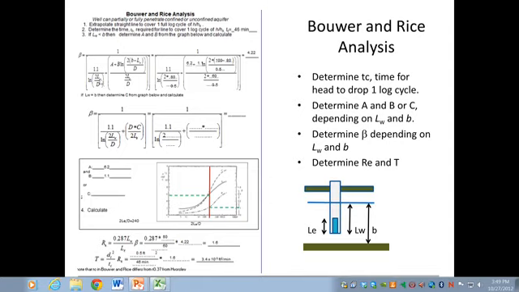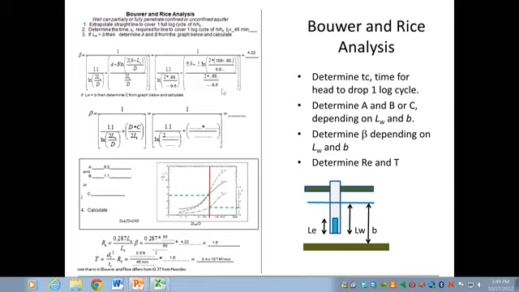You just need to plug in these values here, and this is the formula for beta, where there are blanks in values that you need to plug in, and these are all from the geometry of the problem. So LW is 80 and capital D is 0.5 and so on.